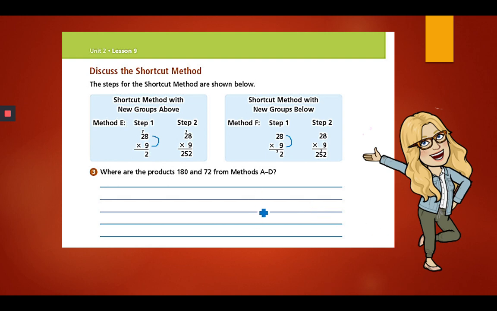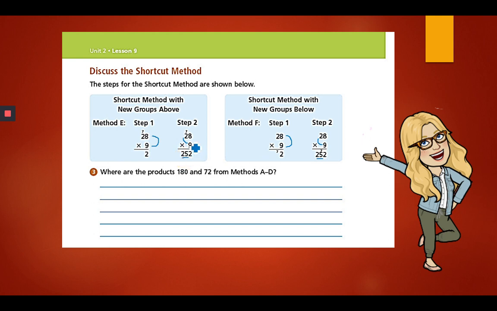The next thing we did was we multiplied the tens, and that is right here. We multiplied 9 times 2, and we got 180, and then we added the 7. So right here we did 9 times 2. We got 18, or 180, and then we added the 7, and when we did 18 plus 7, we got this 25 right here.